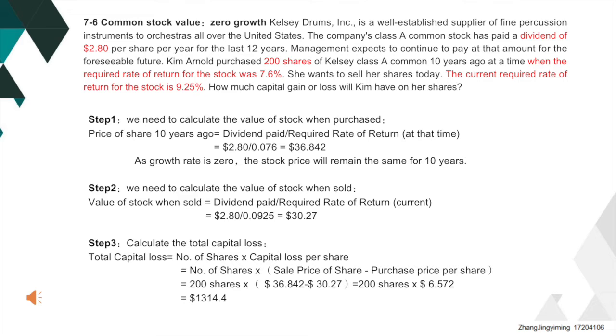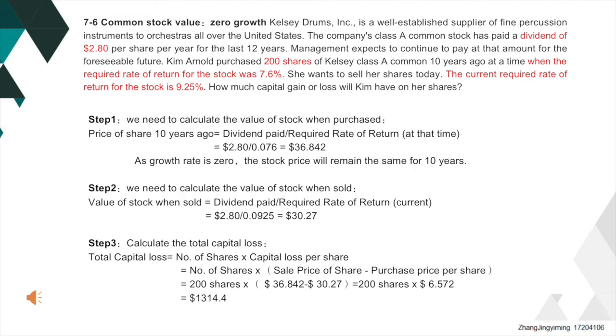Kim Arnold purchased 200 shares of Kelsey Class A common stock 10 years ago, when the required rate of return for the stock was 7.6%, and she wants to sell her shares today. The current required rate of return for the stock is 9.25%. How much capital gain or loss will Kim have on her shares?